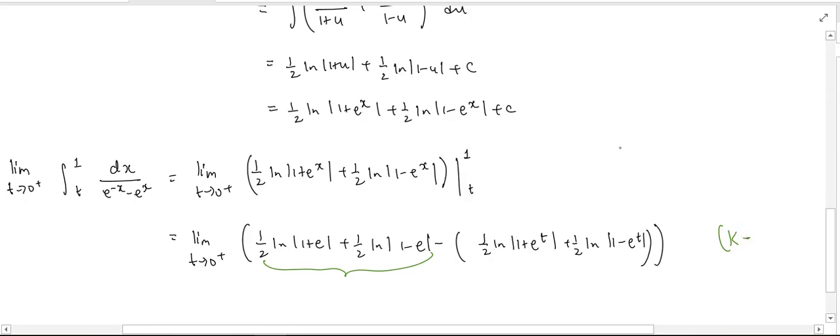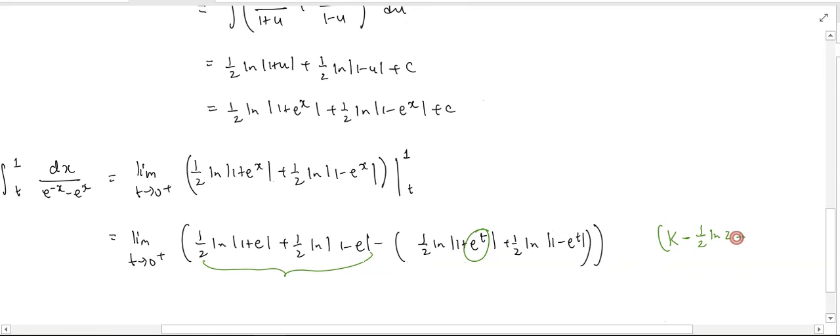Minus, as t goes to 0 from the right, ito magiging 0 lang, ano? So e raised to 0, so that's just 1. So you have 1/2 ln of 2 plus 1/2 ln 1 minus e raised to 0 is again 1.